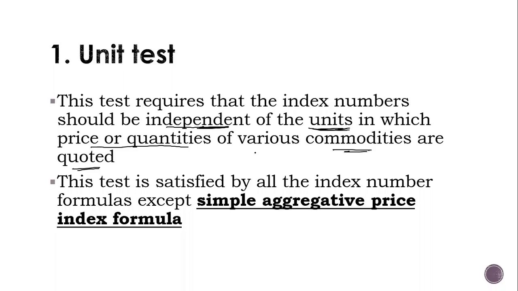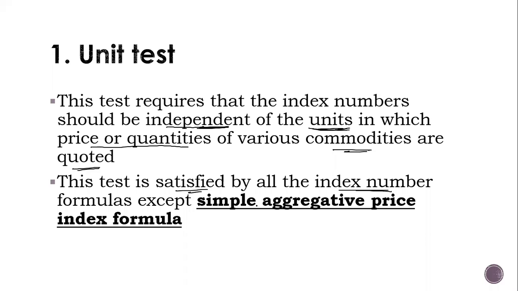The final value should not be impacted. You can use it in such a way that when you change from kg to quintal or quintal to kg, or vice versa, when you transform or reverse, it should not have an impact on the value. So that is the unit test. This test will be satisfied by all the index numbers, all the methods you have done, except the simple aggregative price index formula.